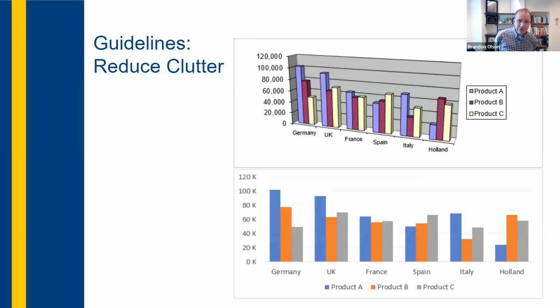Similarly, reduce clutter. In the early days of Excel, a lot of people were making these three-dimensional plots just because we could. But not only are they ugly, they add a lot of design elements that get in the way of understanding. The simpler bar chart at the bottom has the same data, but it's much easier to interpret. We're not trying to flatten out a three-dimensional display to interpret the data.